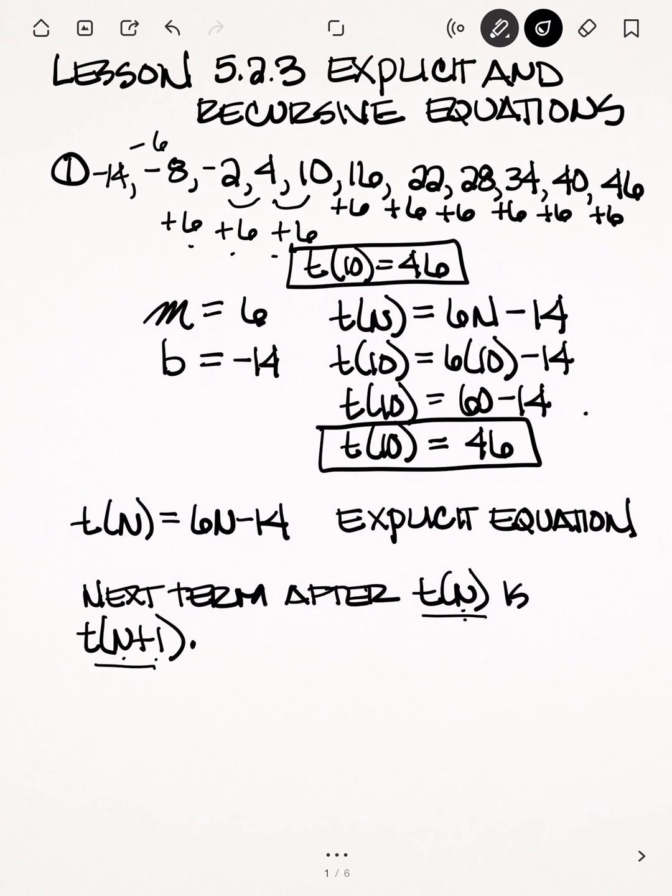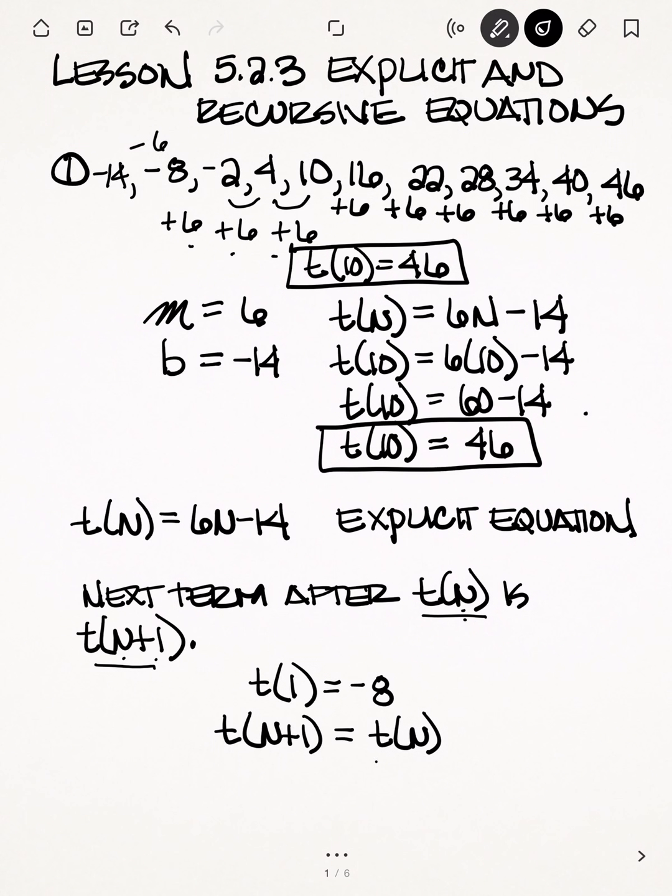That equation would look like this. First of all, we would have to know one of the terms. So say we know the first term. In this case, we knew the first term in this problem was -8. We would have to know at least one term to write a recursive equation. And so if I wanted to write the recursive equation, I would say I am looking for this term that is after this term.